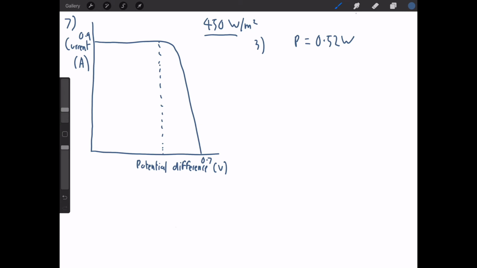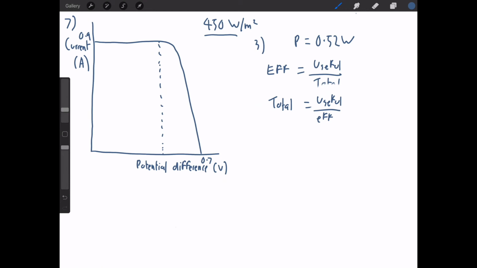So the first thing I'm going to want to do is work out what the total power is. So efficiency is useful over total. So I can rearrange this. If I want to work out the total power output, then that's going to be my useful divided by my efficiency.